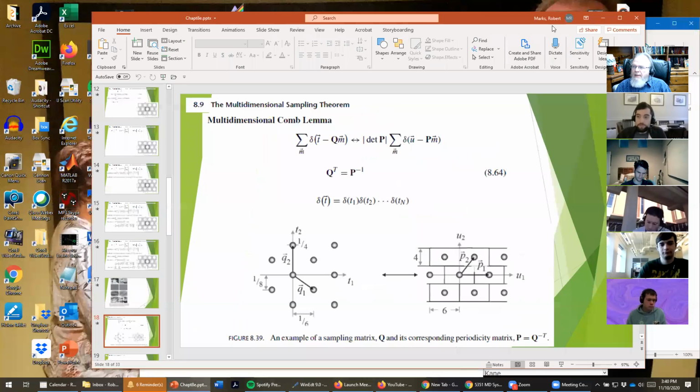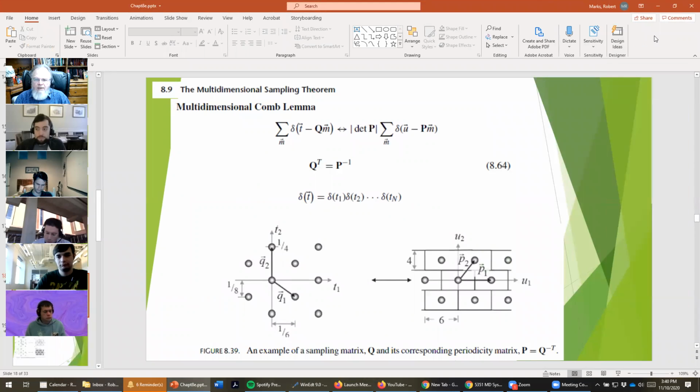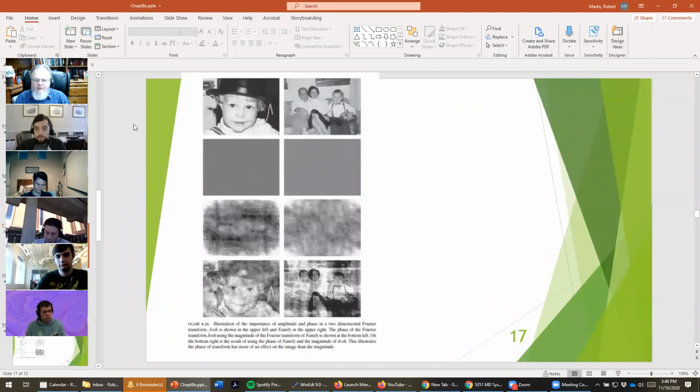So last time we were together, we were finishing up some of the ideas of the Fourier transform, and this is very interesting because we found out that the phase in the Fourier transform contained more information, at least in this little example here, than we did with the corresponding magnitude.